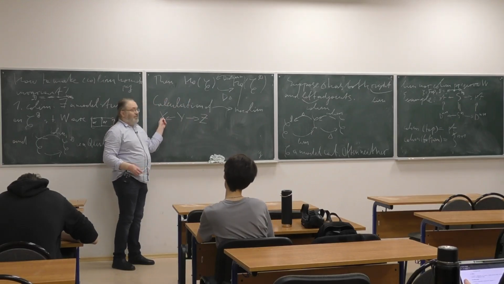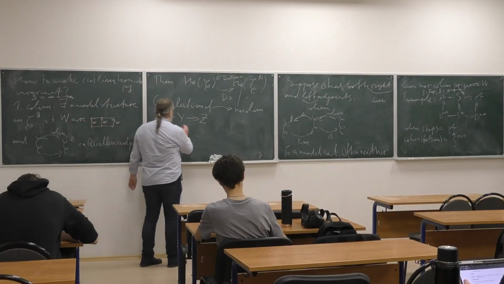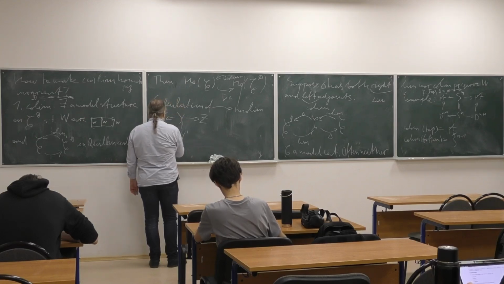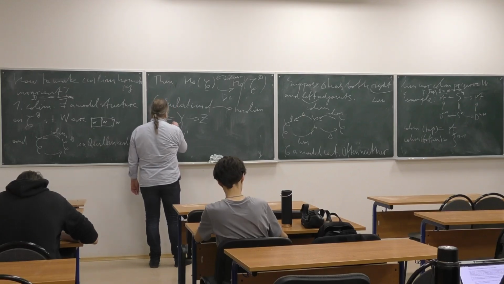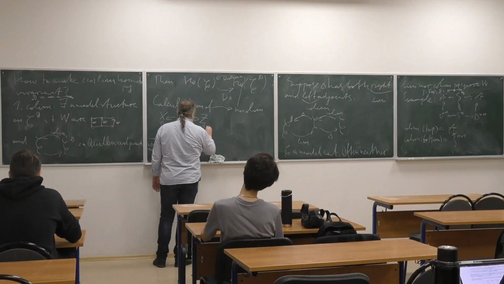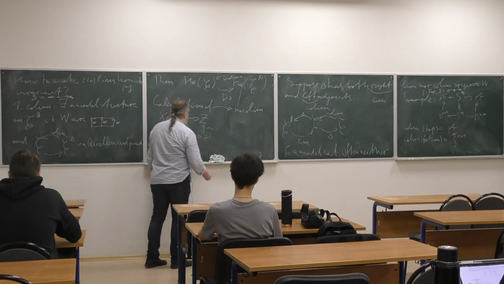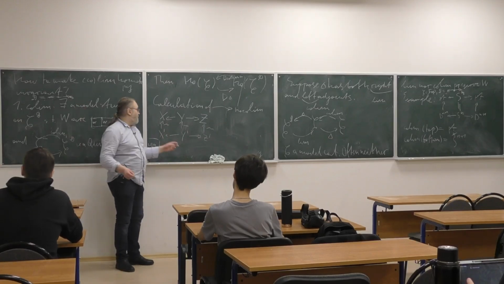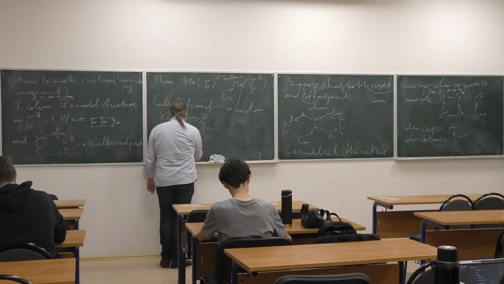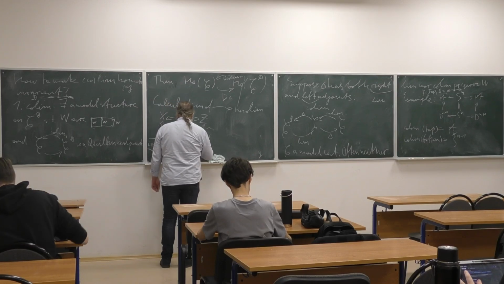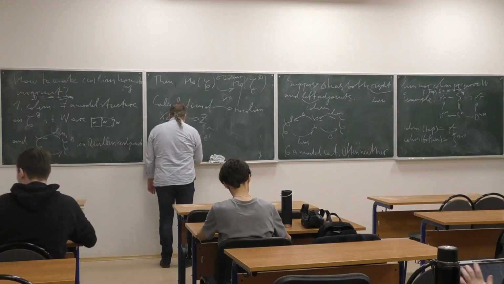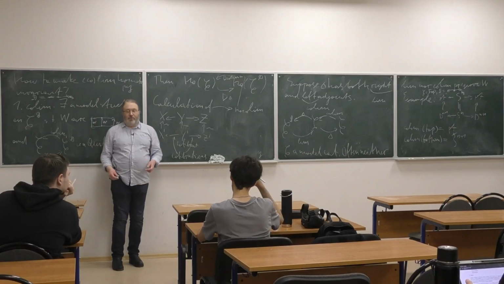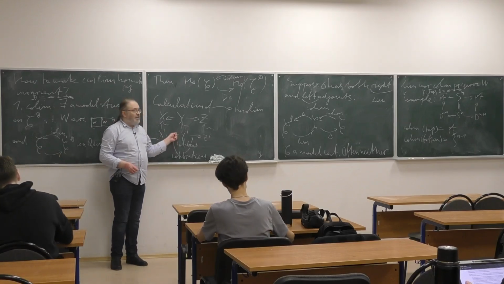Suppose I have a diagram of this shape in C. Then it's possible to replace this diagram in the functor category by another one, where the object in the middle is cofibrant and the arrows, both arrows, are cofibrations.